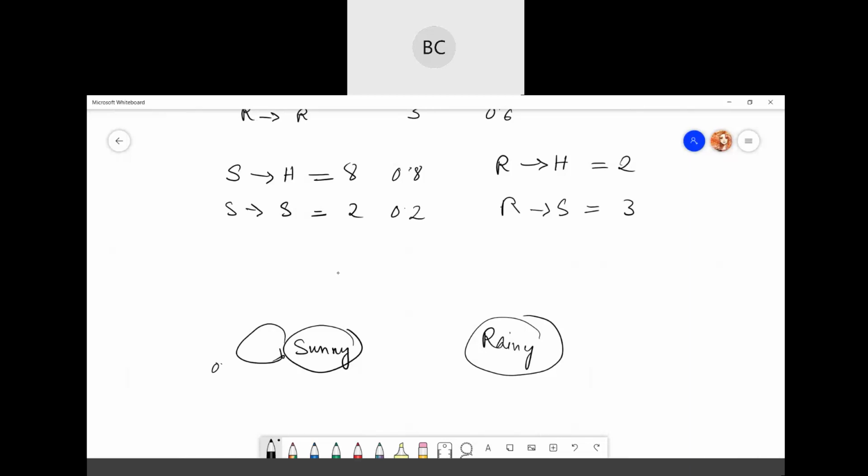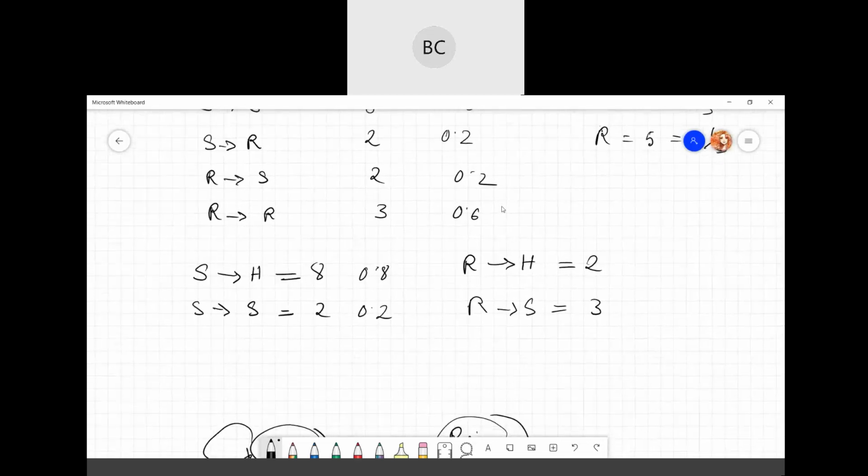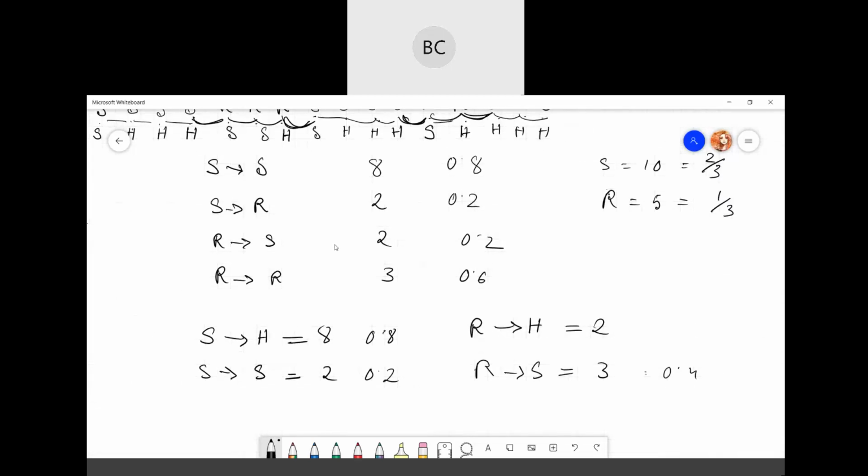Okay. And rainy to sunny was, okay, it was 0.4. Rainy to sunny, 0.4.